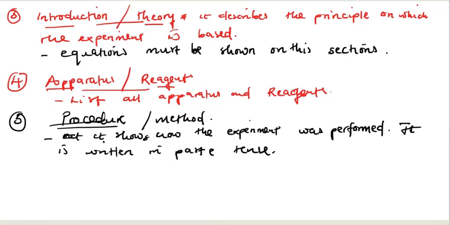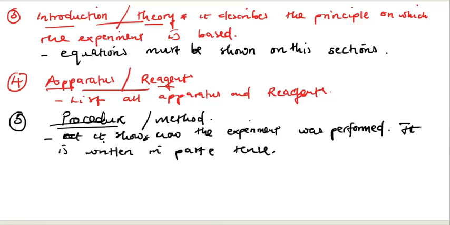Sometimes the procedure can be the same as it is given in the lab manual, or if there are any changes, you have to take note of those changes. Common things that change in the procedure basically are the concentrations. The concentration might change, and some things might be done for you by the lab technician, so you can start at a certain level. So for this procedure, you just write the procedure of what you did in that given experiment.